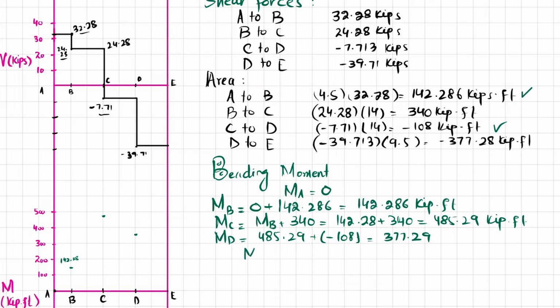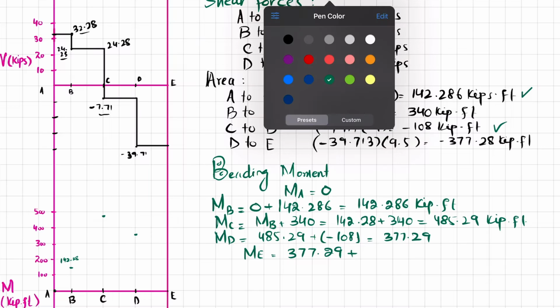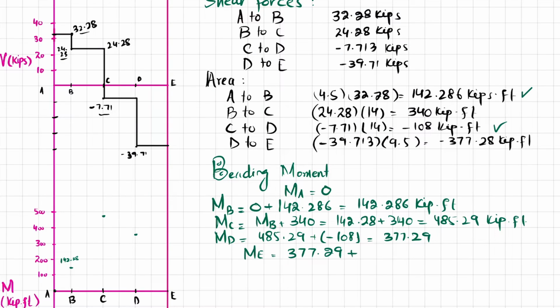Now moment about point E is equal to 377.29, the moment about point D, plus the area under the shear force diagram of DE. This area, which is minus 377.28.